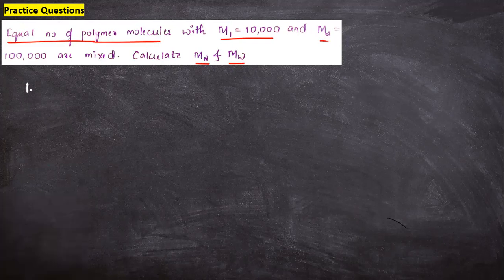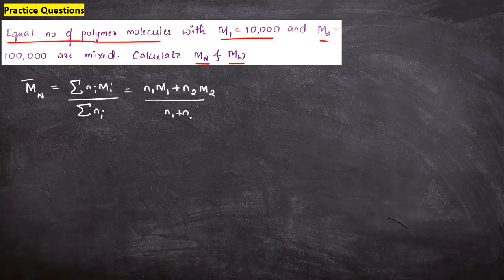As we have already discussed, the formula for number average molar mass is summation of Ni Mi divided by summation of Ni. Elaborating this, they have given M1 and M2, so I can write it as N1 M1 plus N2 M2 divided by N1 plus N2.